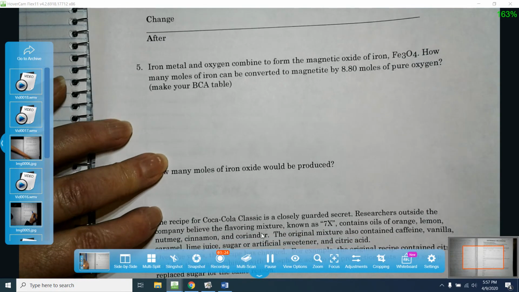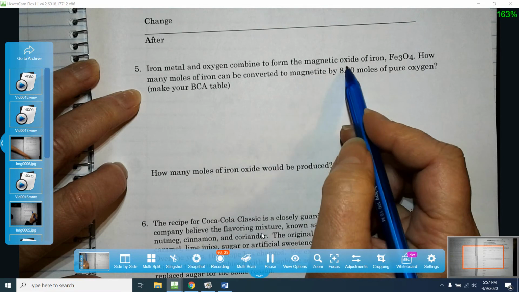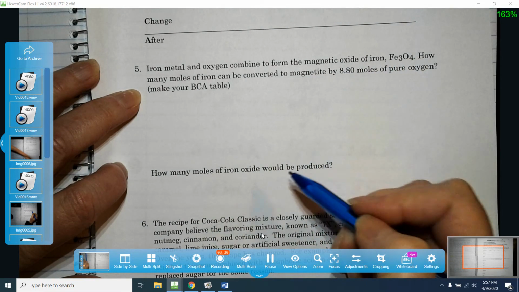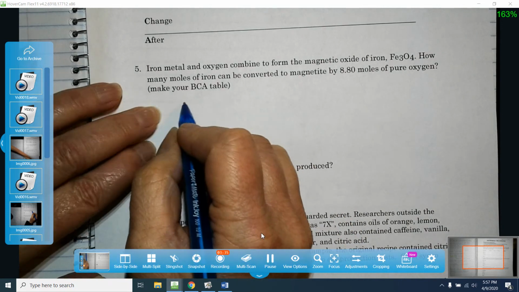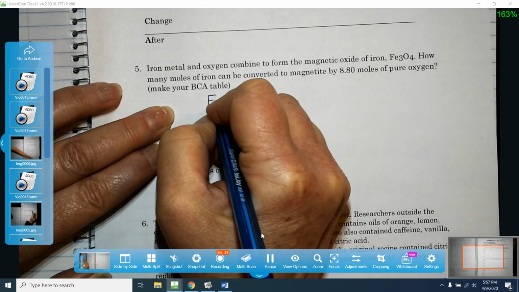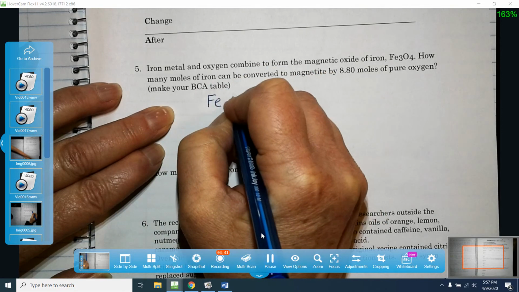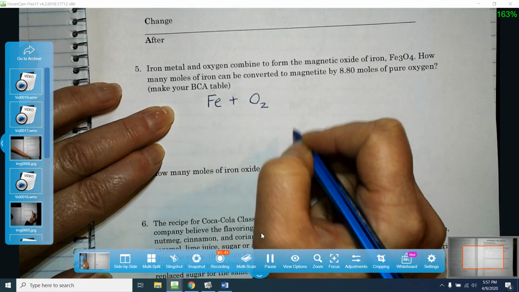Number 5. Iron, metal, and oxygen combine to form magnetic oxide of iron, and they give you the formula. So this one, they didn't write the BCA chart. So we're going to write the equation first. Iron, metal, and oxygen. But remember, oxygen is one of those diatomic elements.